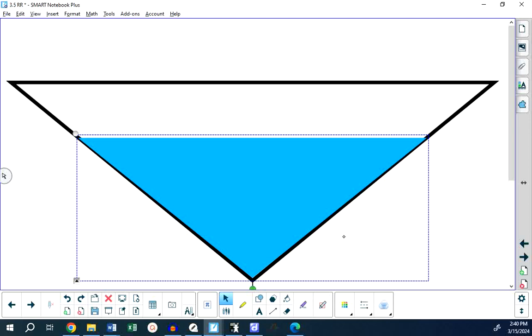So the dV/dt is what's happening to the water, not what's happening to the trough. And if we want to determine the rate at which the water level is moving, then we need to measure the location of that water level compared to something that's fixed. And that would be the vertex of the trough here.